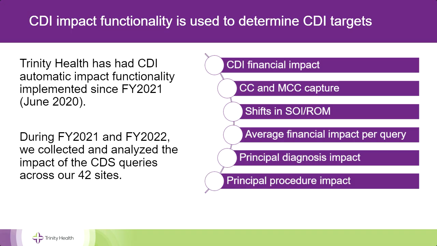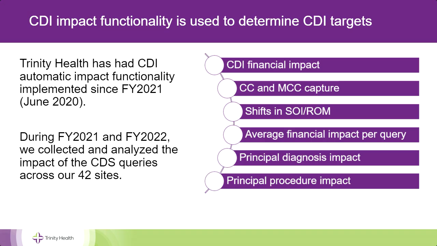So a little bit about setting our CDI targets. We monitor a lot of data and we provide a lot of data to our facilities. We've been capturing CDI financial impact, or monitoring that, for years, but as I said, we implemented CDI financial impact, the automatic functionality, in June of 2020, which was fiscal year 21.